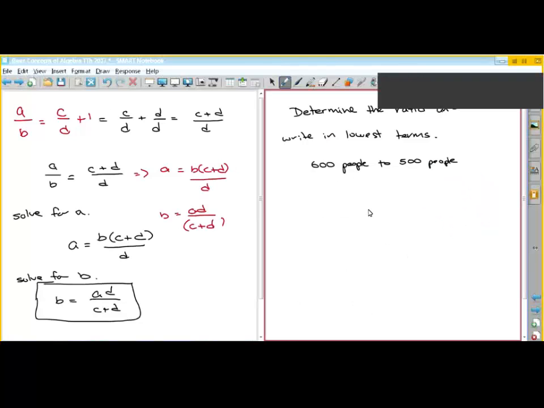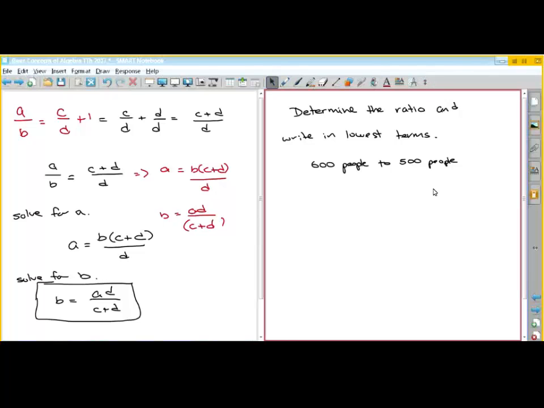Okay, so let's do a couple of simple problems first. Determine the ratio and write in lowest terms. So the ratio in this case is A to B. The equivalent mathematical expression would be A divided by B. So you take the written expression, convert it into a mathematical expression, and then plug your numbers in.